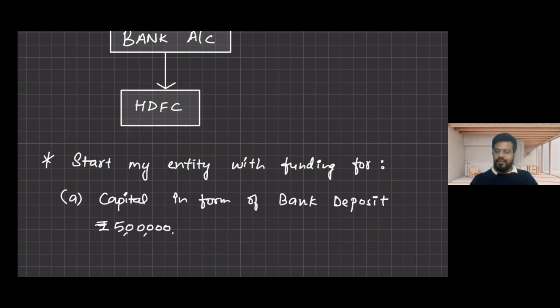So they want to start this entity with funding in the form of capital. That means they will bring their own funds, and the amount they will bring in is rupees 5 lakhs.